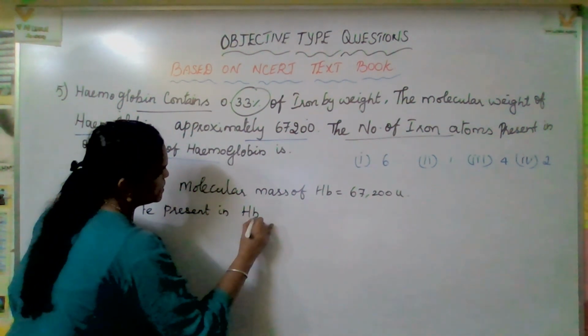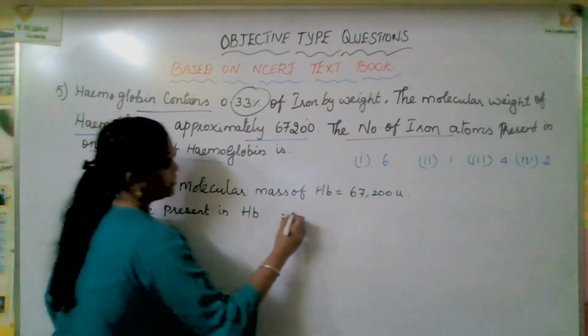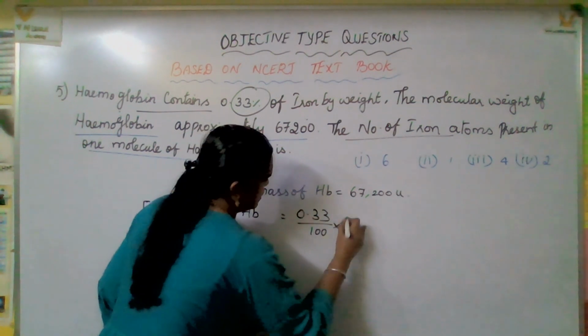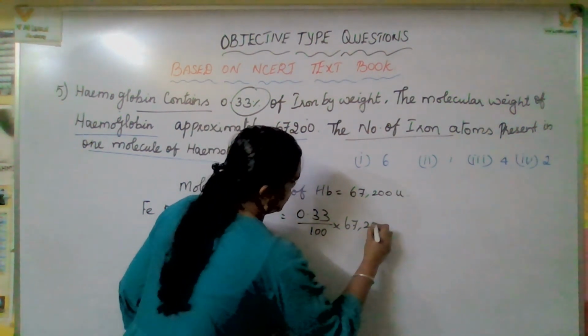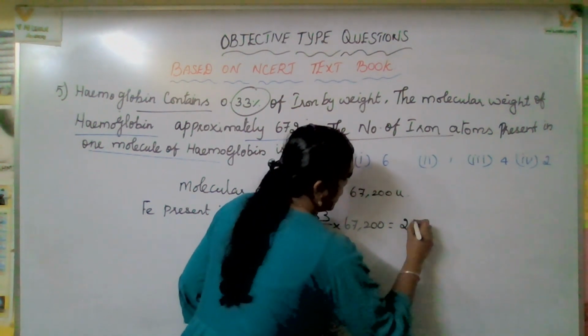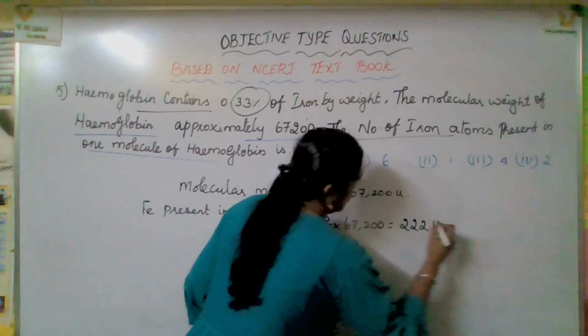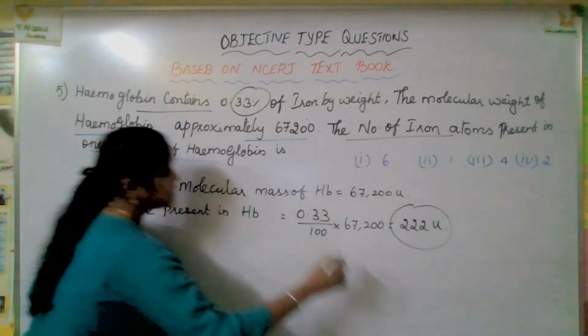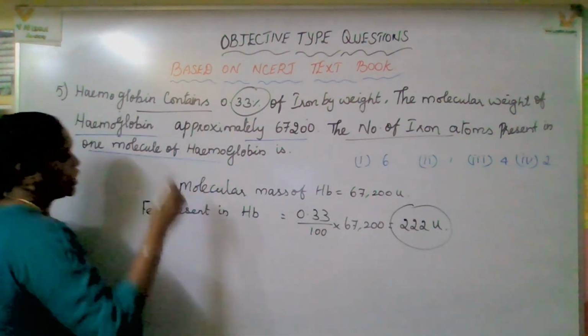They mentioned 0.33. So 0.33 divided by 100 into 67,200. You will get approximately 222 U. So this much mass of iron is present in the hemoglobin.